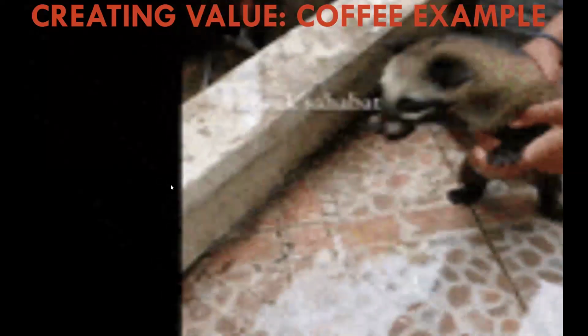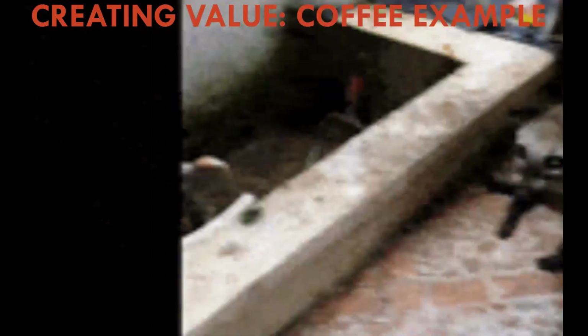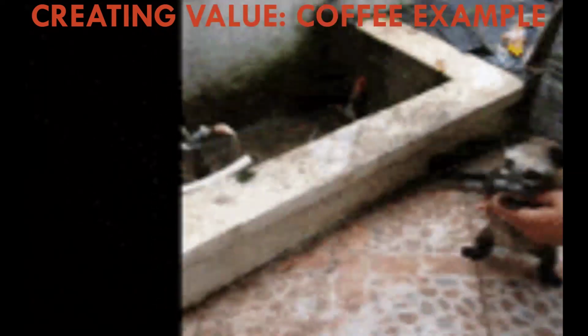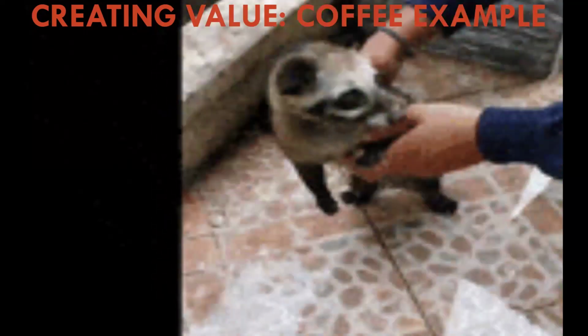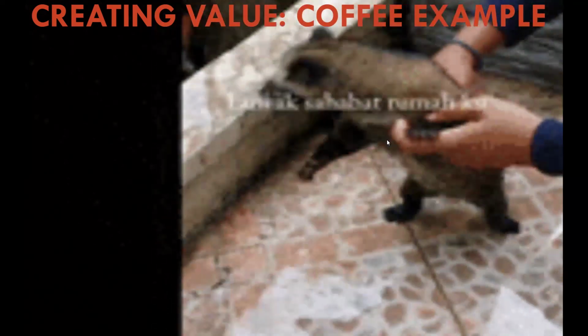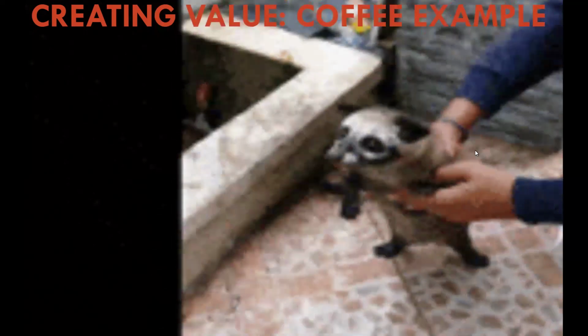This is the weirdest example. This is about the most expensive coffee brand, which is Luwak Coffee. You can Google this. They sell their coffee at a very high price compared to other coffee brands available, because this coffee goes through a weird process.